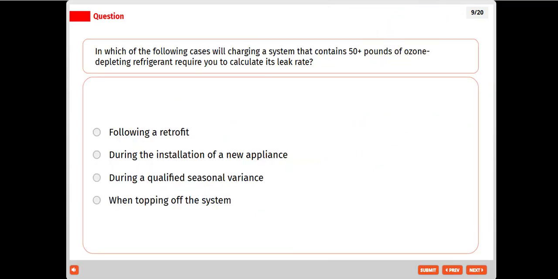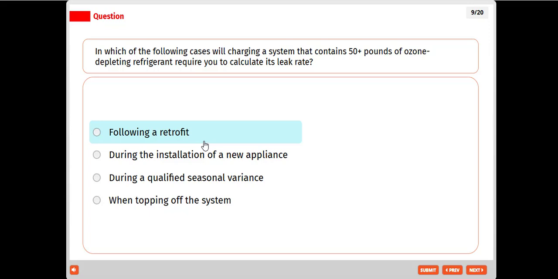In which of the following cases will charging a system that contains 50 plus pounds of ozone depleting refrigerant be required to have its leak rate calculated?